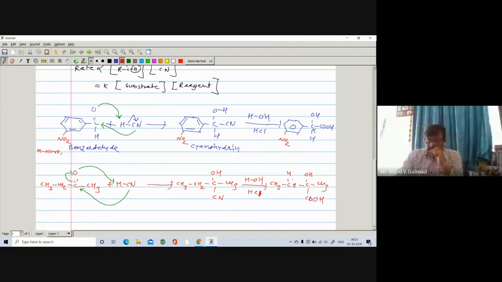Now here I can write this OH and H trans to each other. Suppose this OH is on the upper side, then this H is on the lower side.